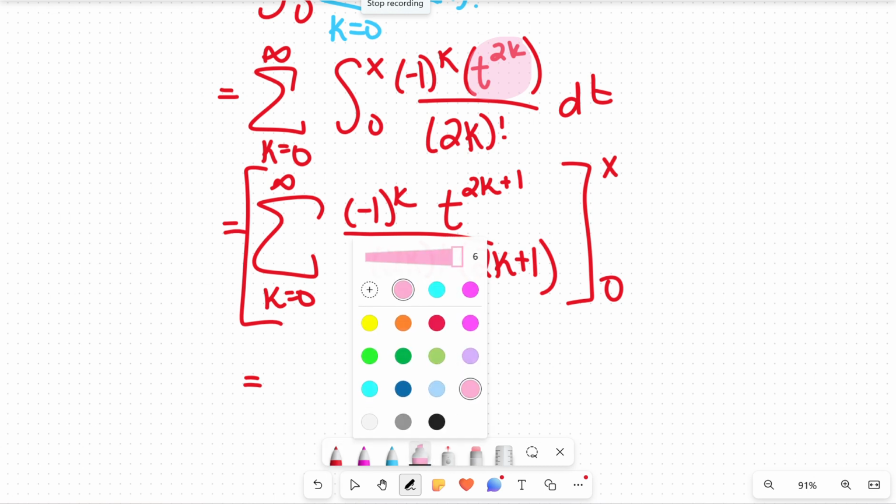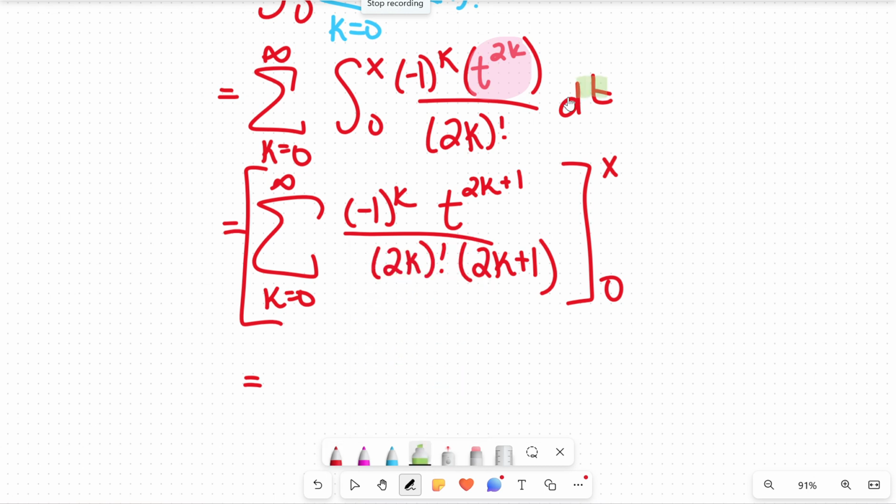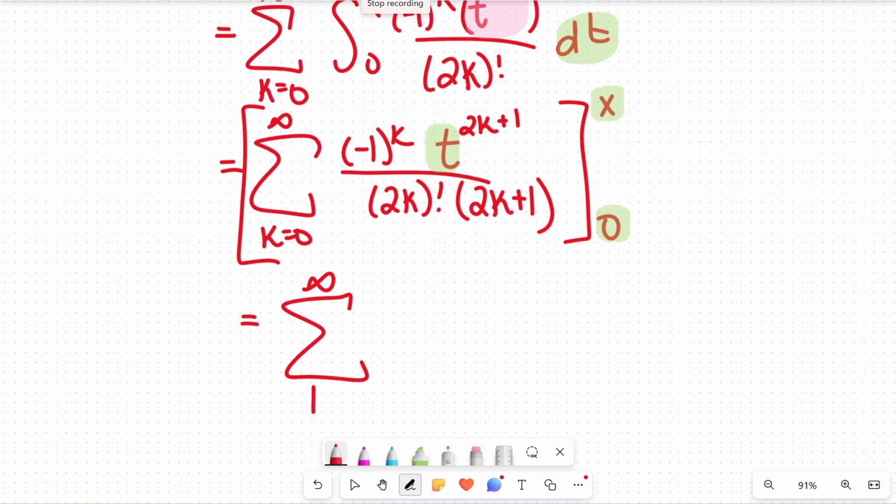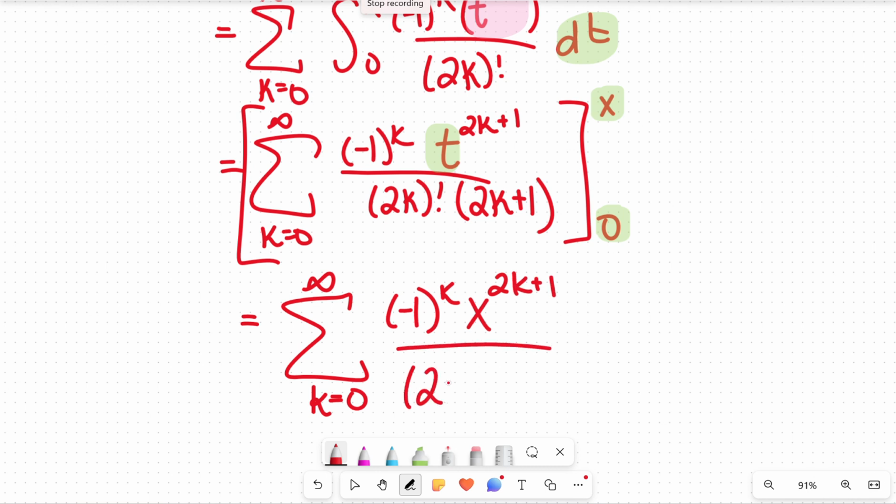Now just a reminder, we integrated with respect to t, so this x and 0 are only going to go in this spot. We don't substitute where the k's are. So everything else stays exactly the same. I'm just replacing my t with an x. So I have negative 1 to the k power, x to the 2k plus 1 power, and then I can change this to say 2k plus 1 factorial.